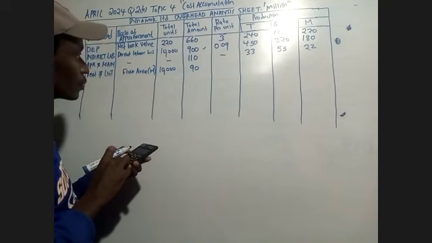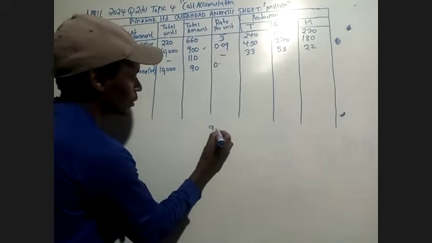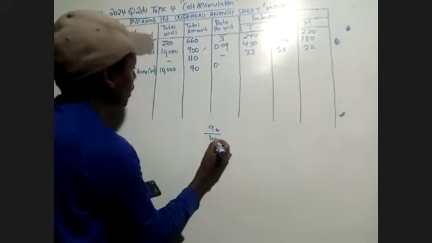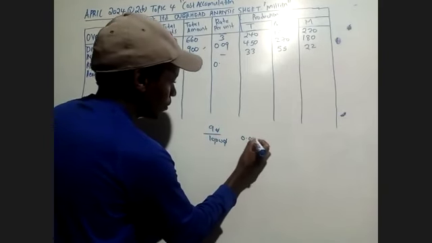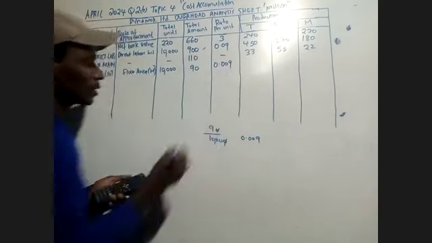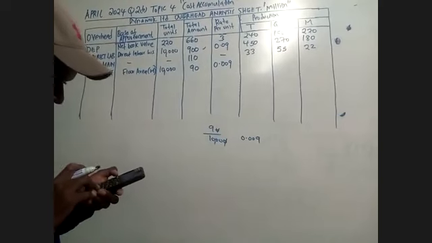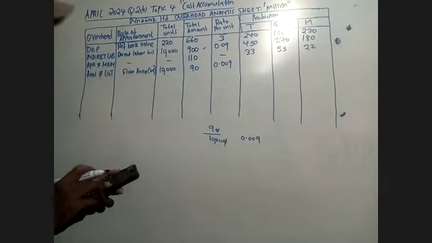Itakuwa ngapi? Ngoja nione. Hii calculator yangu ni mbaya. So 0.009. Is that correct? I think that one is correct.